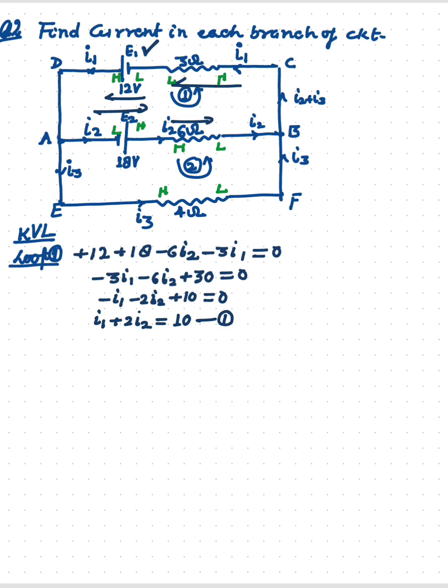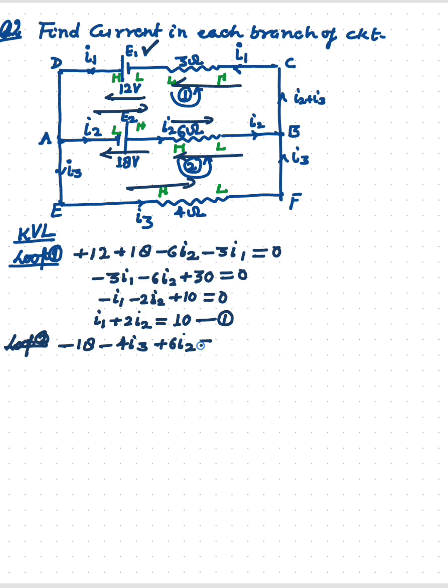Clear? Now loop 2. In loop 2, come here. Loop 2 direction is this. We are traversing across battery E2 from high to low, so this will be minus 18, and here we are traversing high to low, so minus 4 I3, and here we are traversing low to high, so plus 6 I2.